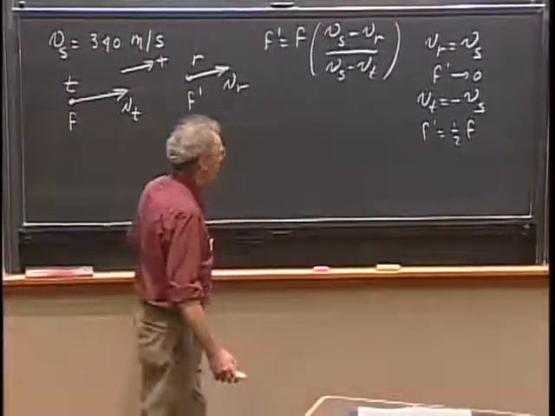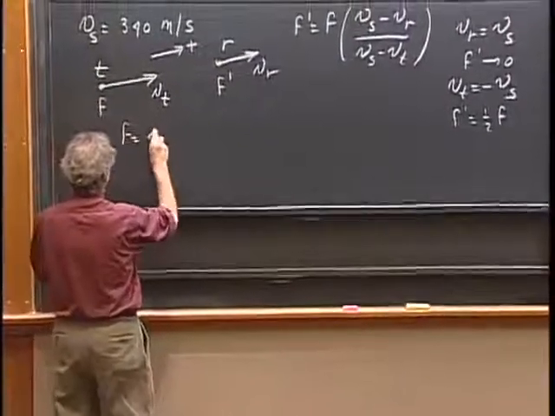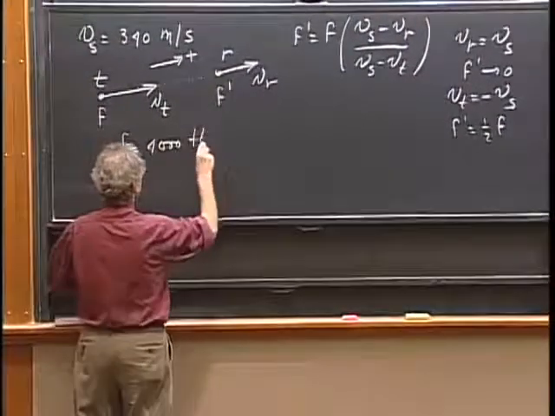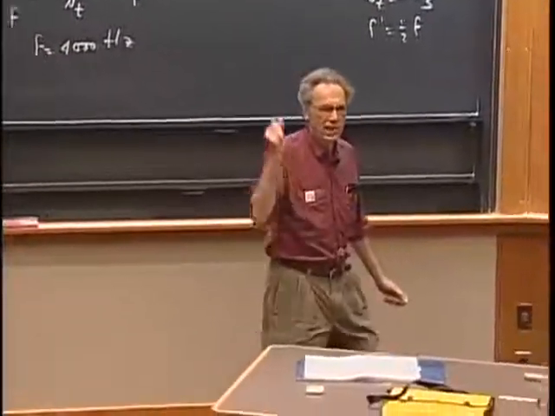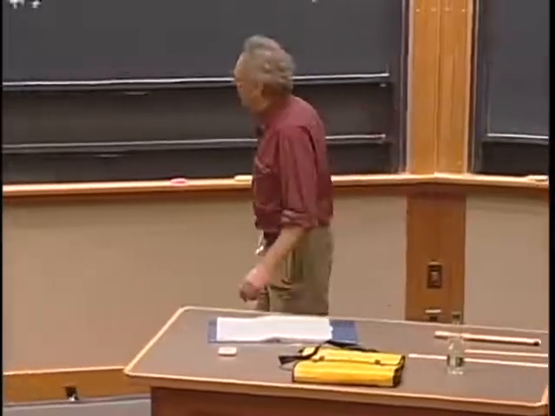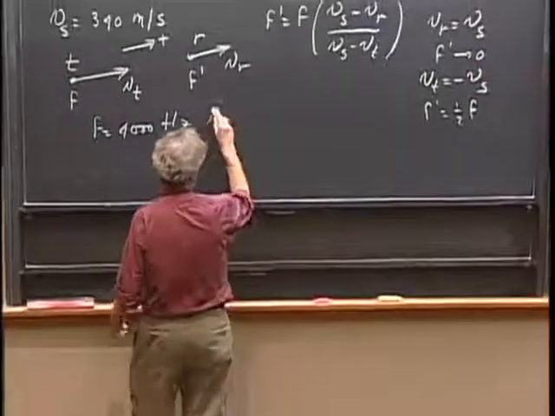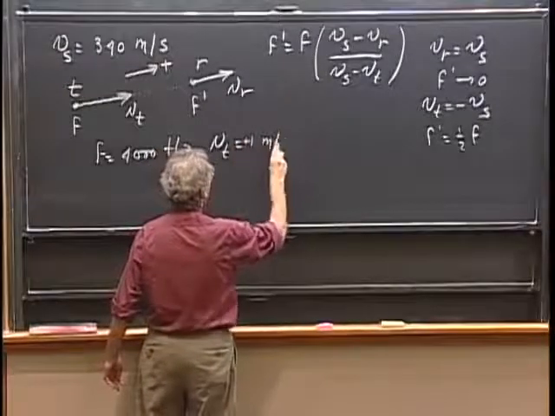I have a 4,000 hertz tuning fork there, and so F is 4,000 hertz. And I'm going to move my hand towards you as fast as I can, which is about 1 meter per second. In other words, I'm the transmitter, so Vt is approximately plus 1 meter per second.